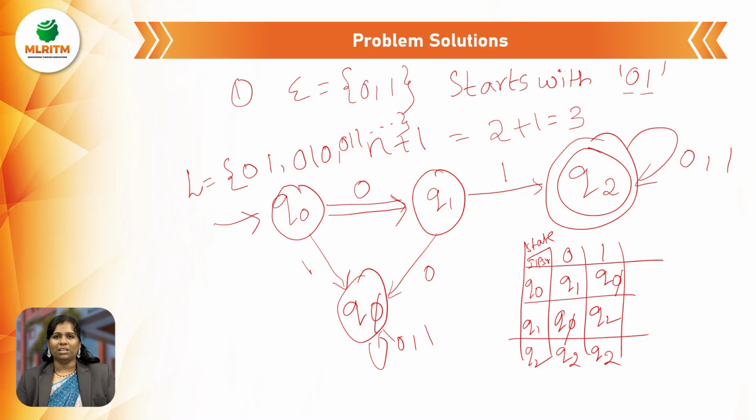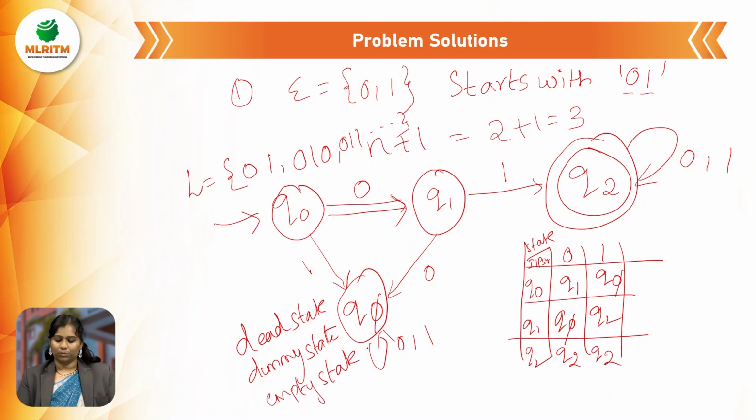Whenever it can't be reached, whenever it does not satisfy the condition, we use the dead state, dummy state and empty state also. This is the starts with.